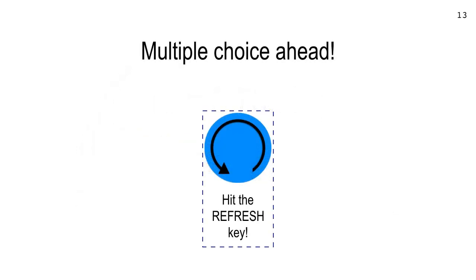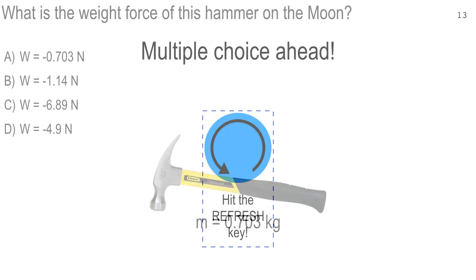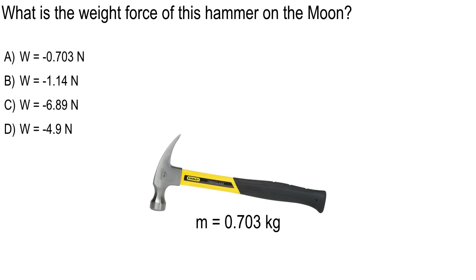All right, now multiple choice. Let me switch over here to multiple choice. So this one, I'll hit your refresh key. And let's just do a real basic one. What's the weight force of this hammer on the moon? And notice that I've got minus signs here.